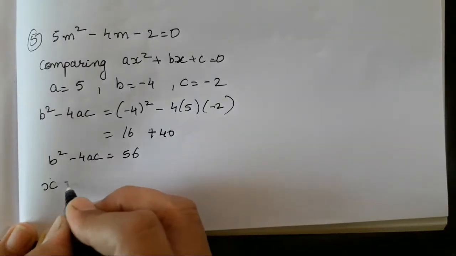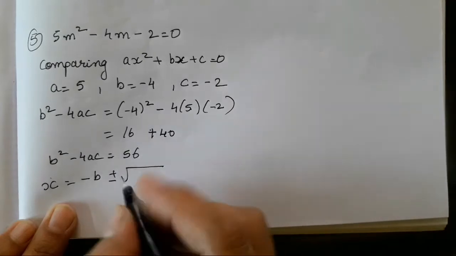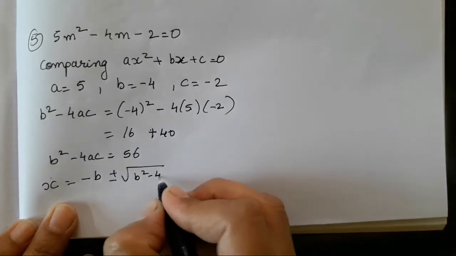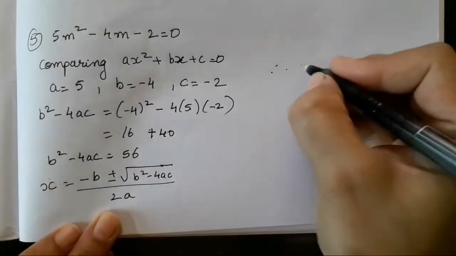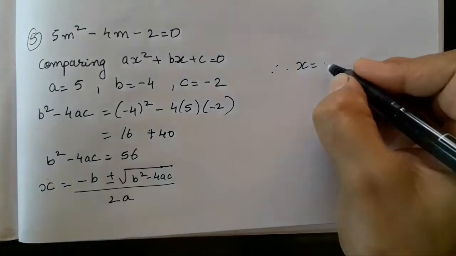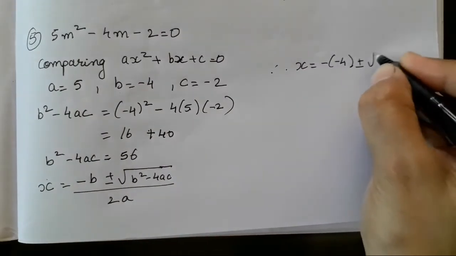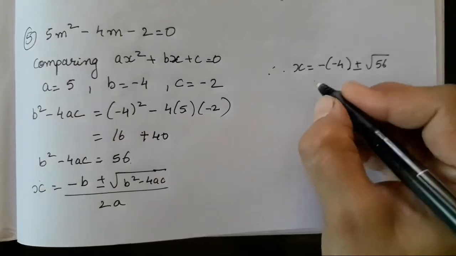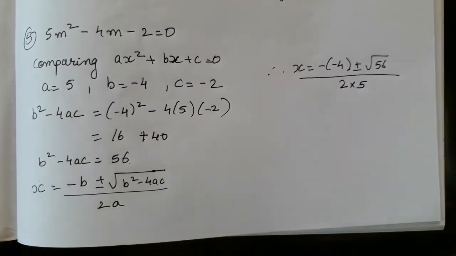Now x is equal to minus b plus and minus root of b square minus 4ac upon 2a. Therefore, substitute its value. This is going to change to 4 plus and minus root of 56 upon 2 into 5.